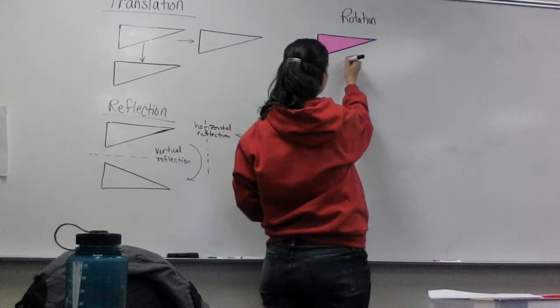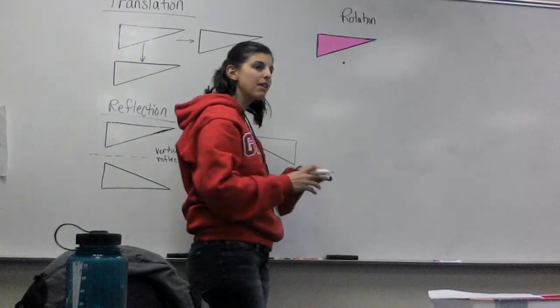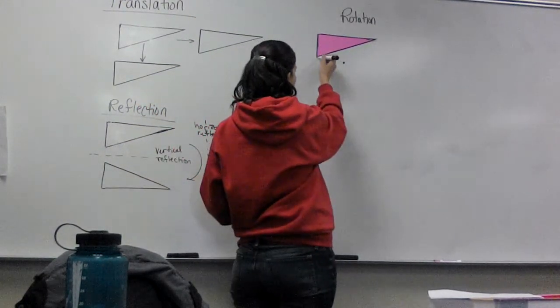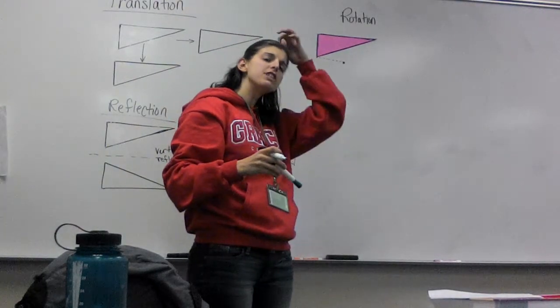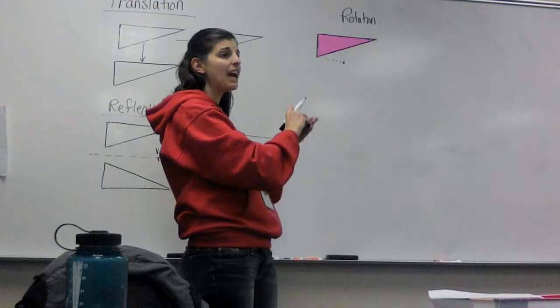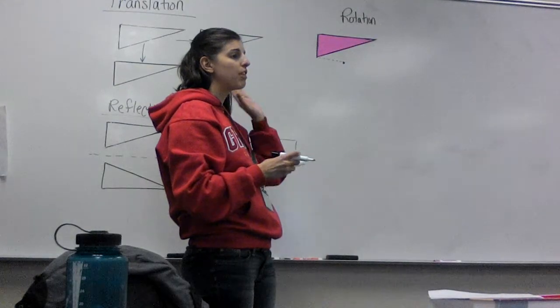So let's say that the point of rotation is right here. To rotate something, it'd be easiest if you can connect that point of rotation to one of the corners of your drawing, and then you can do the angle of rotation around that point with that line.